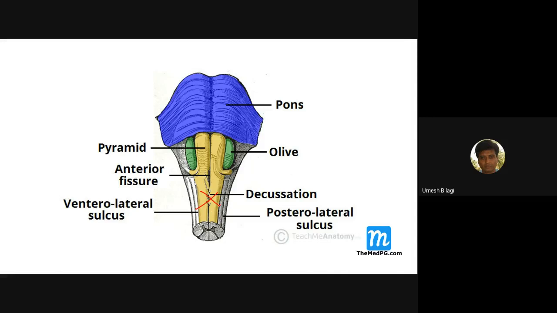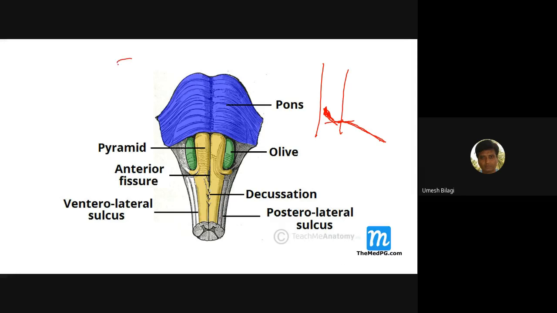Medulla is a crossing section, for both motor and also sensory. Which sensory? Posterior column sensory. Whereas the spinothalamic tract crosses to the opposite side immediately after entering the spinal cord: the nerve root comes in posteriorly and crosses within two segments.